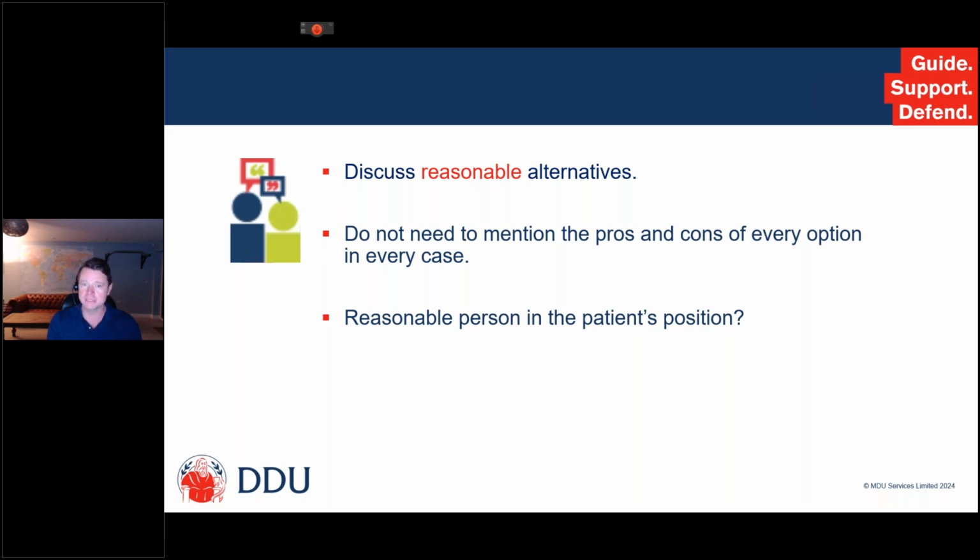And if we overcompensate in the sense of trying to record notes that aren't accurate, we end up shooting ourselves in the foot. So I think there's no requirement to mention the pros and cons of every option in every case. Instead, it's about what a reasonable person in the patient's position would want to know about and consider a material risk that they should be informed of.